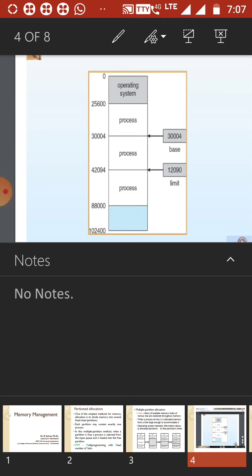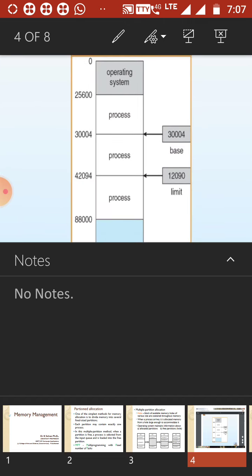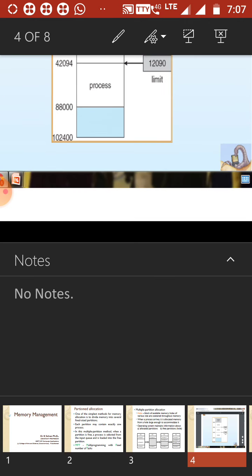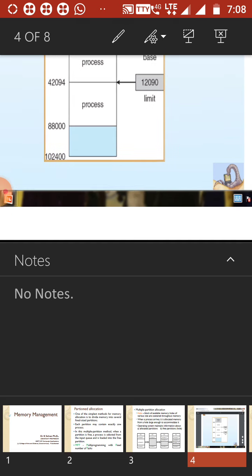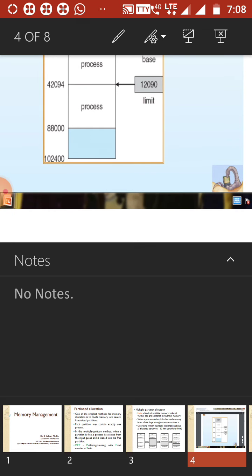From 25,600, I think, from this address to 1,02,400, this portion is treated as the user memory area.